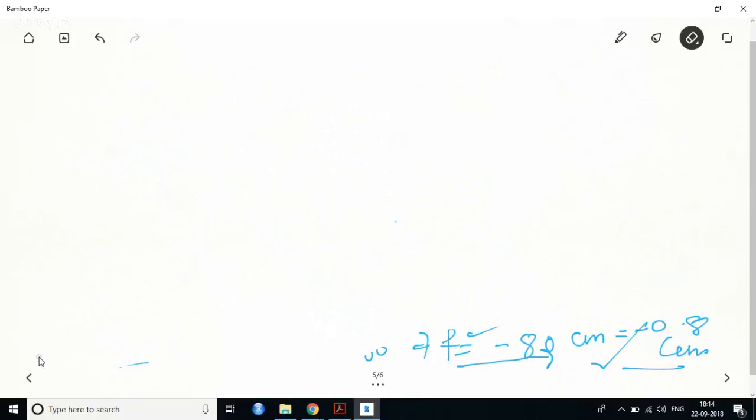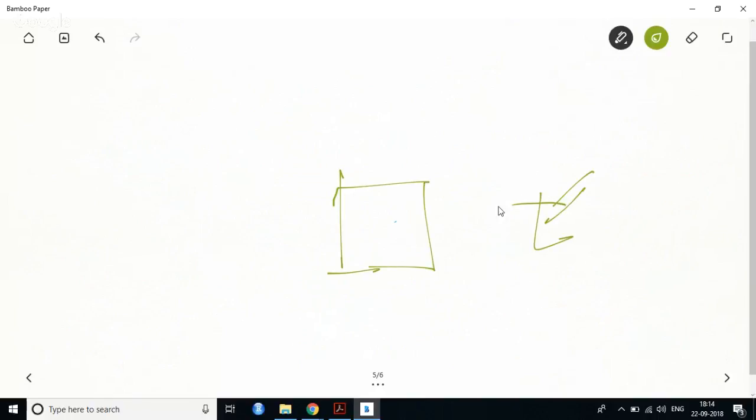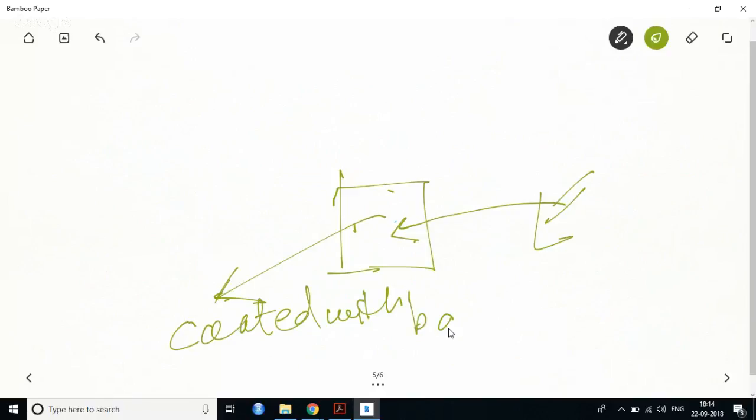When he was studying cathode rays, he found that there was a screen kept near the cathode ray experiment tube, and when the cathode rays struck this screen, the screen was coated with barium salt.